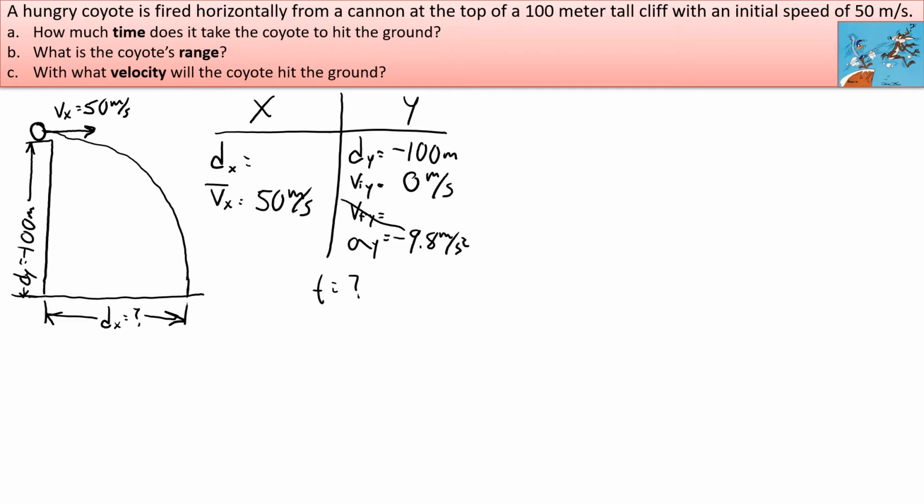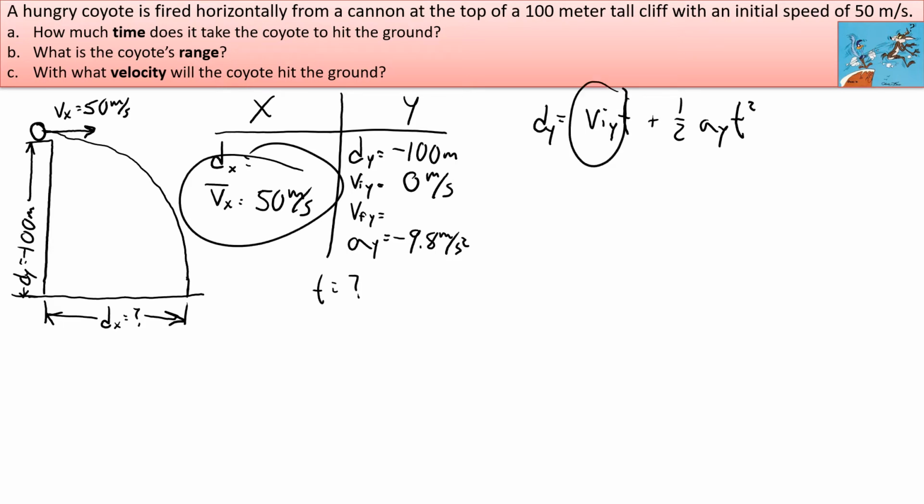So let's find that equation without VF in it, and that's d is equal to VI t plus 1/2 a t squared. And remember, this is on the y side of things, so you could even write your subscripts so that you don't accidentally plug in the x. No, you don't want to do that. This is VIY. So this is negative 100 is equal to VIY is 0.